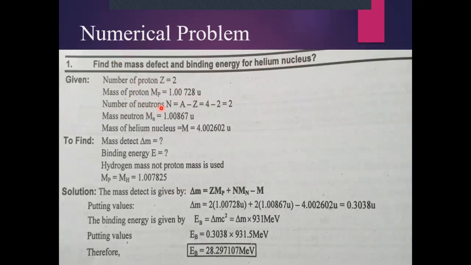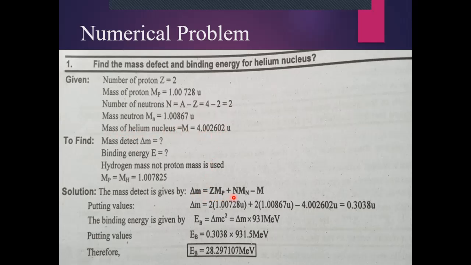The number of neutrons can be found by subtracting the atomic number from the mass number: 4 minus 2 equals 2, so it also contains 2 neutrons, and the mass of neutron is 1.0087 atomic mass unit, whereas the mass of the helium nucleus is 4.002602 unit.